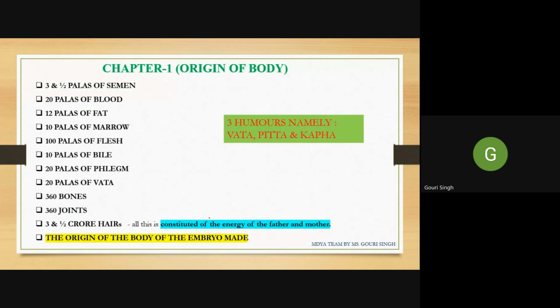After gender identification, he gives many things about the origin of the body. Some measurements are given here: 3.5 palas of semen and 20 palas of blood are needed to make this body.